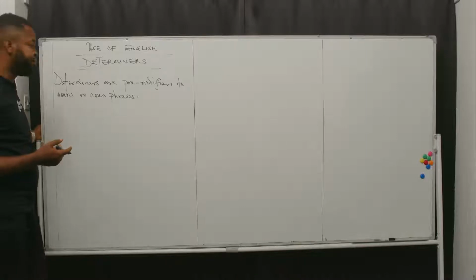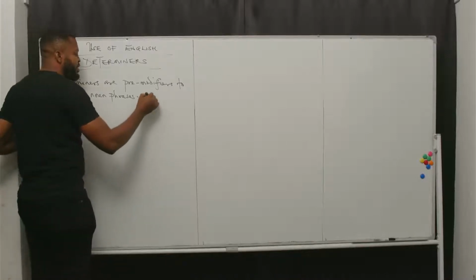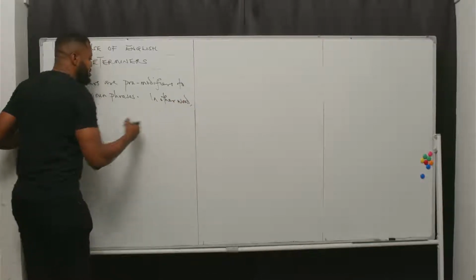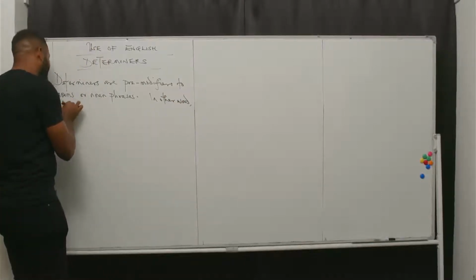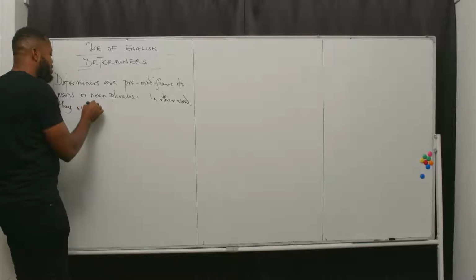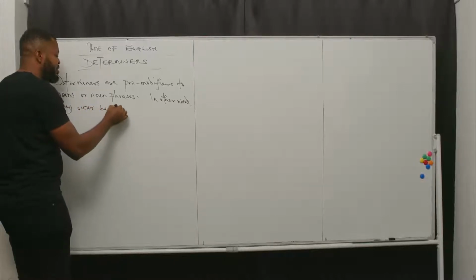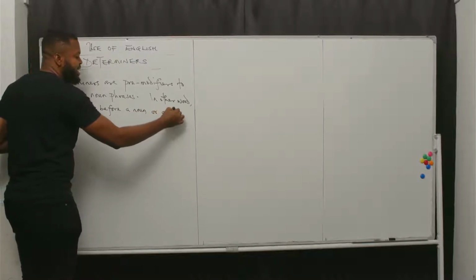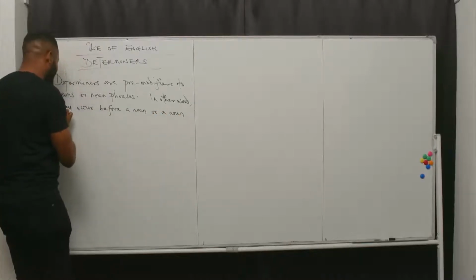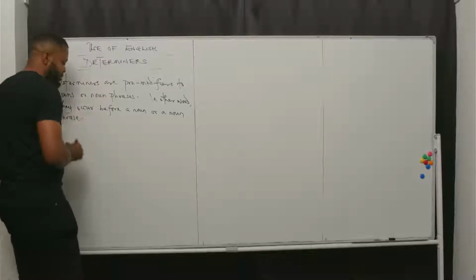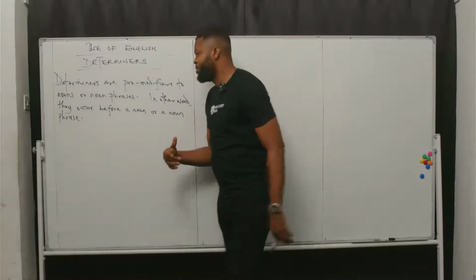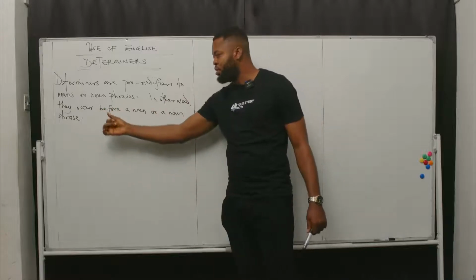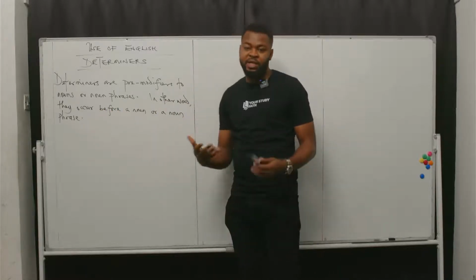In other words, they occur before a noun or a noun phrase. So take a look. What I'm saying in essence is that determiners tend to occur before a noun or a noun phrase.